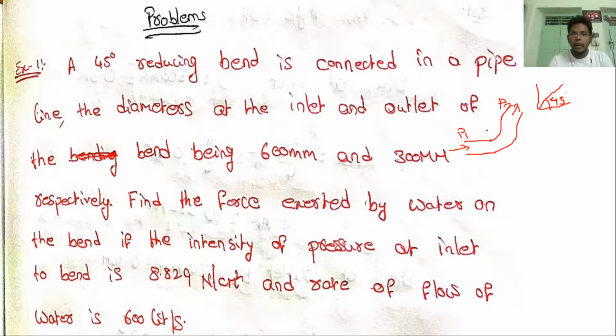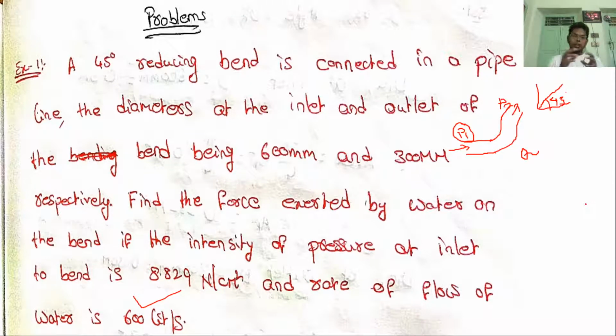So it is clear that P1 is a known value for us. And the rate of flow of water is 600 liter per second, which means he has given the discharge Q.